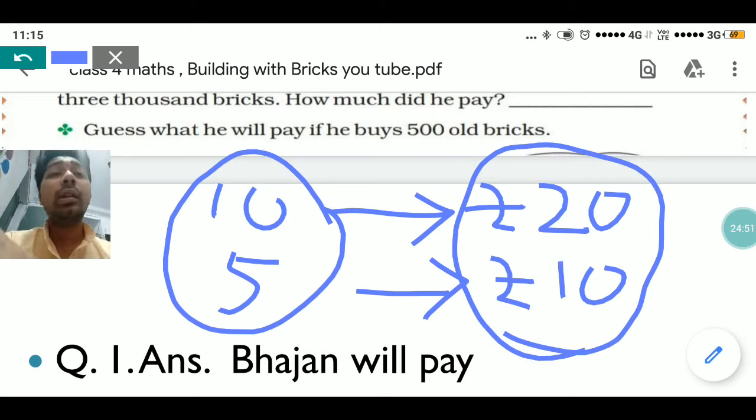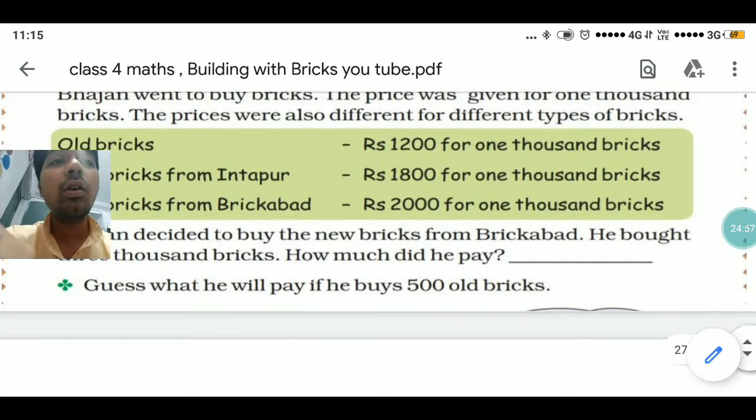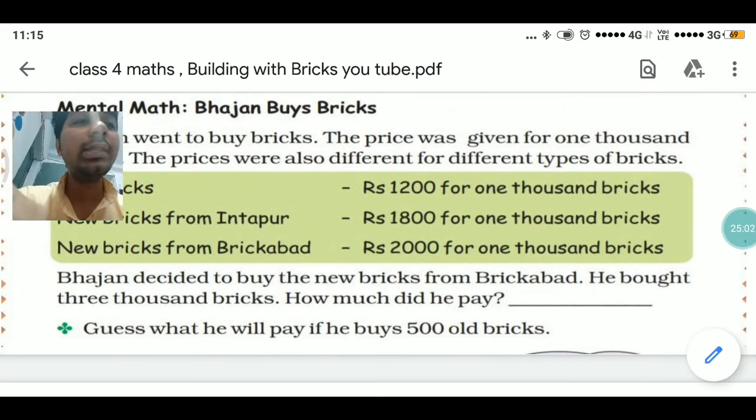Here we have applied it for toffees. In this question, it was asked for bricks. For old bricks, 1000 bricks, 1200 rupees. Half the bricks, that is 500 bricks, the amount will also be half.